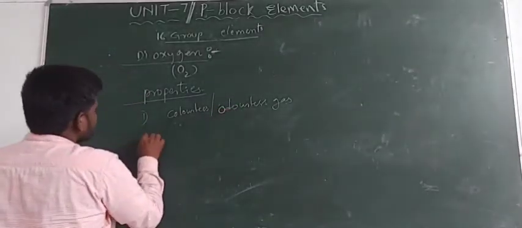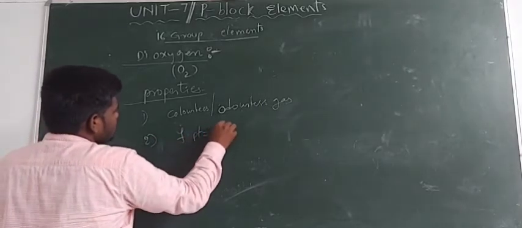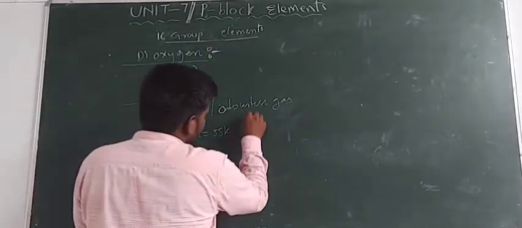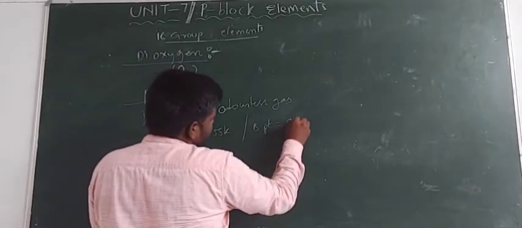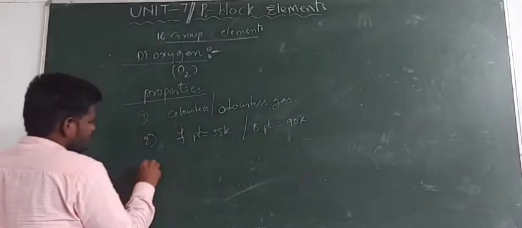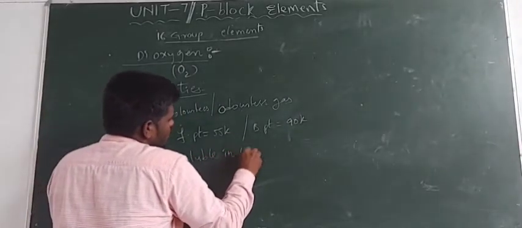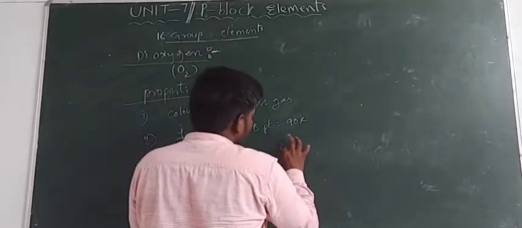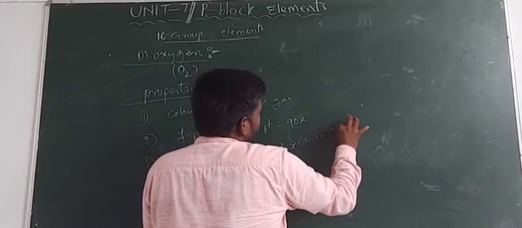And the next one, its freezing point is 55 kelvins, and its boiling point is 90 kelvins, and it is soluble in water. Its solubility is 3.8 cc in 100 ml of water.